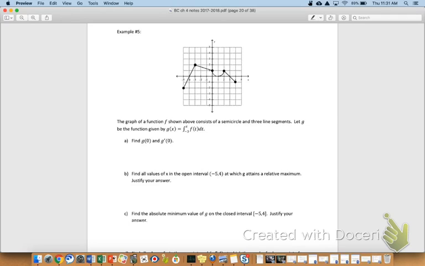So G is defined as an accumulation function. We're not going to be setting up our own integrals. We're going to be using directly the expression for G of x. So plug in -5, -3.